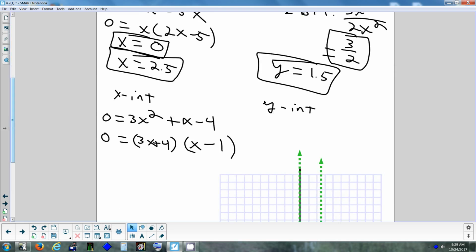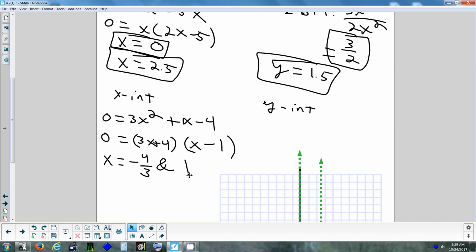Let's check. Minus 3x plus 4x is plus 1. Yep, perfect. Okay, so my x-intercepts are going to be at negative 4/3 and 1. So this one crosses the x-axis twice.